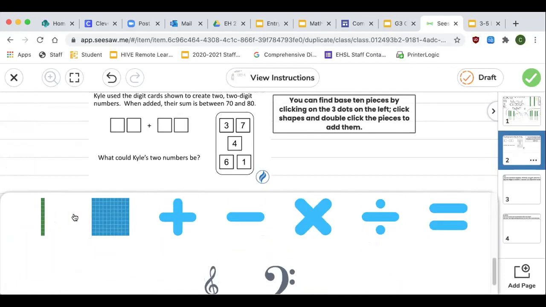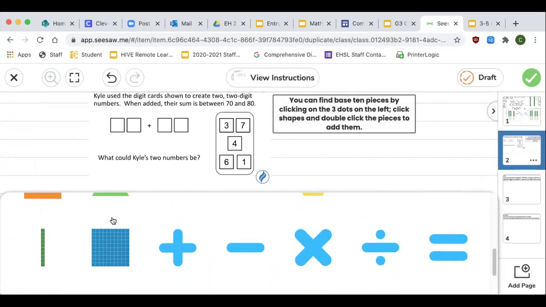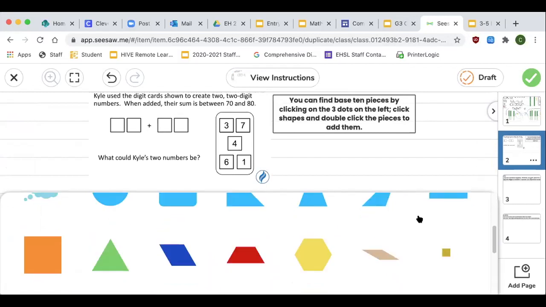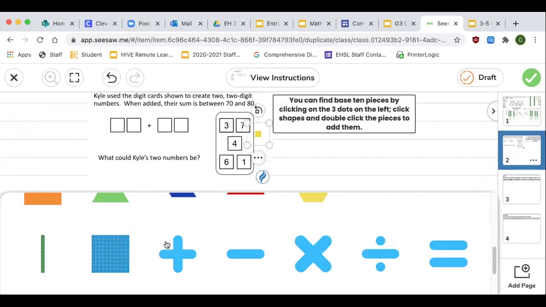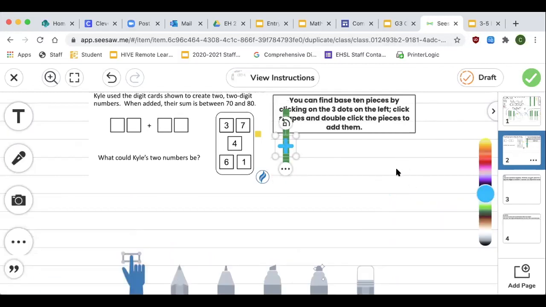Do you see how they're down here? Base 10 blocks, some counters, so I can add those. Maybe I want a plus sign. Ooh, I could have some fun with that.